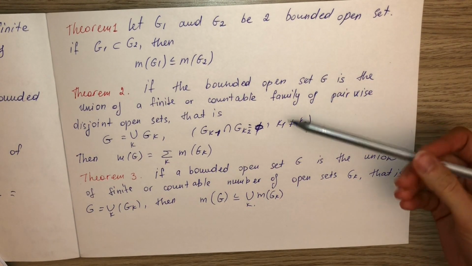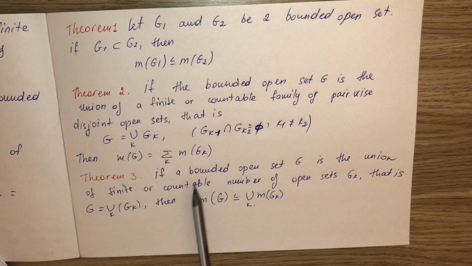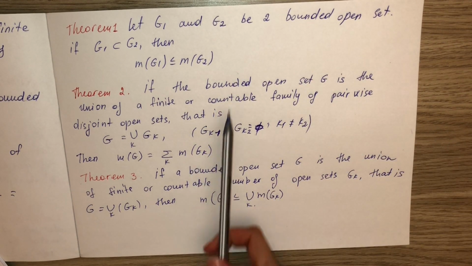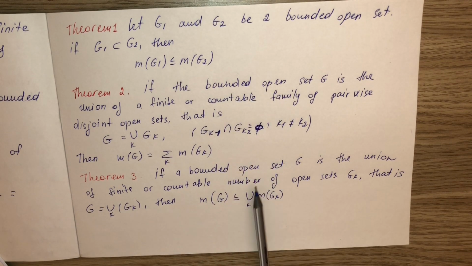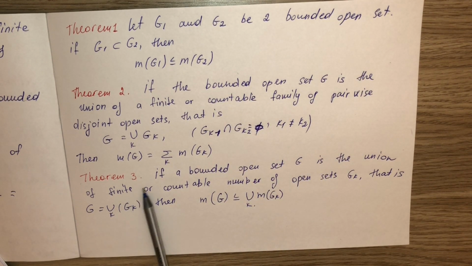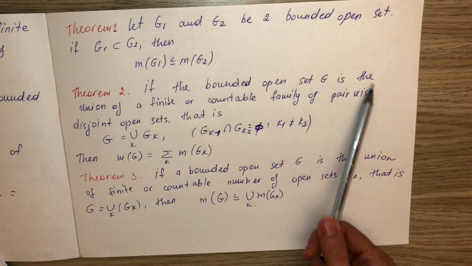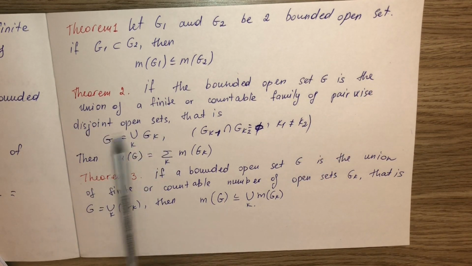What is the difference between these two theorems? Look, in both of them G is a bounded open set. Both of them are the union of finite or countable sets, but here it is a countable family of pairwise disjoint open sets.